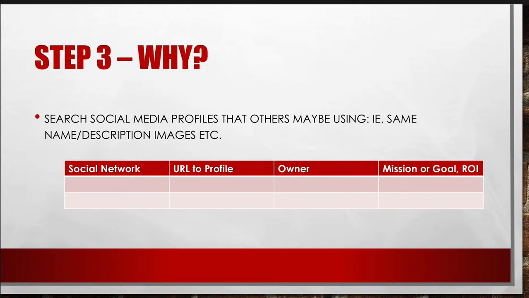Step number 3 is all about the why. So search social media profiles that others are using with the same description, but also have a look at why you are using social media. So this is part of your strategy. If you don't know where you're going, you're not going to get there. So one of your strategies or one of your goals might be just to double my network.